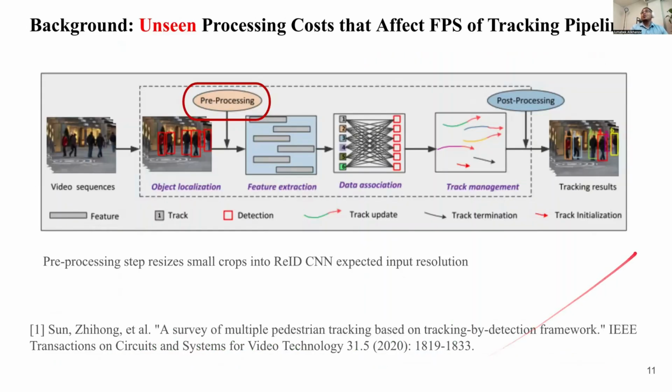Okay, so here's how ReID-based tracking works on a high level. We have a video sequence. Now some kind of CNN here detected objects, right? The localization, it's also called object localization. And then after some pre-processing, we pass through another CNN network and extract features, right?